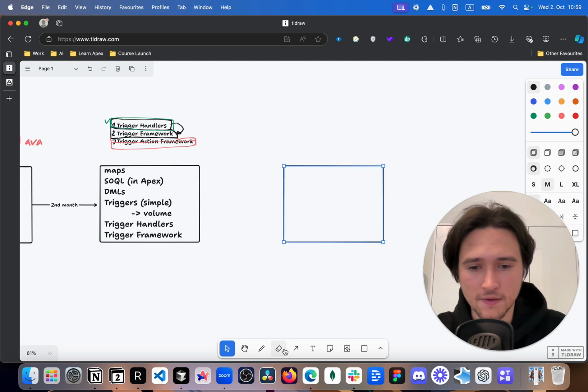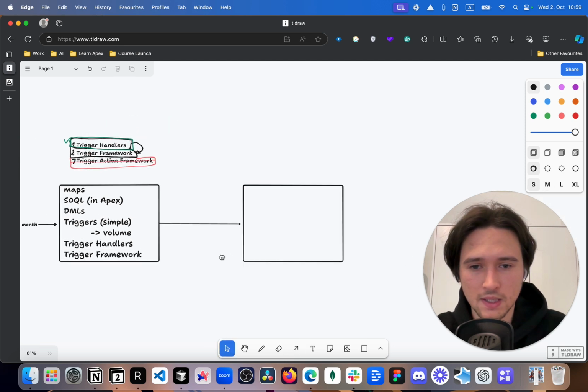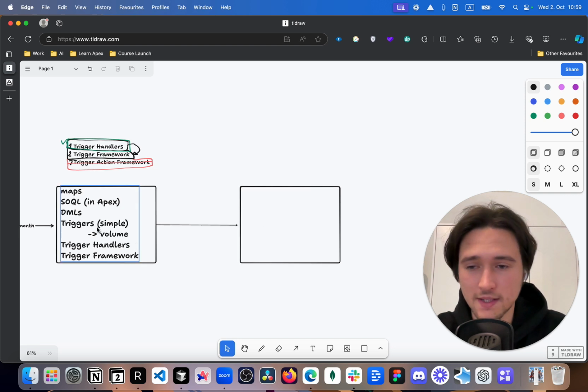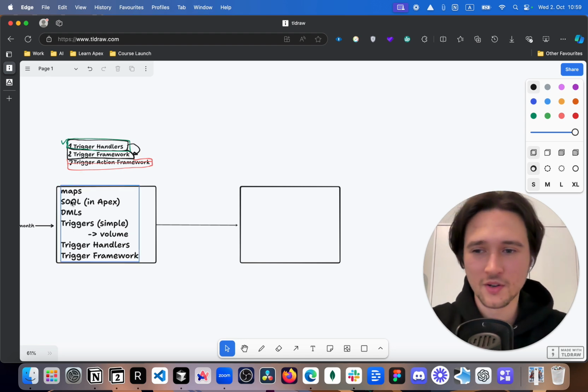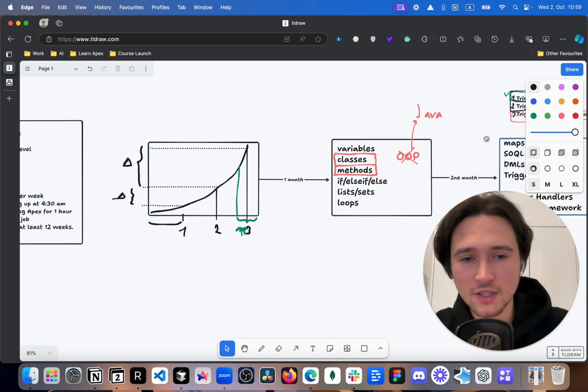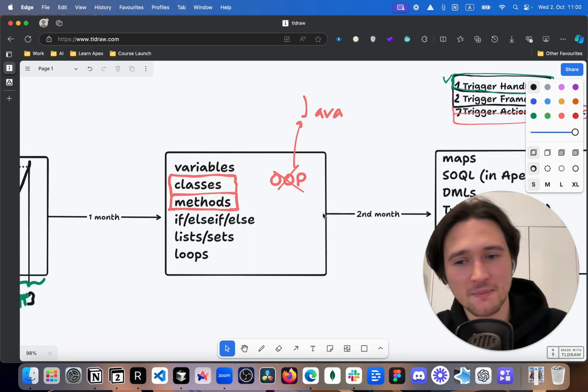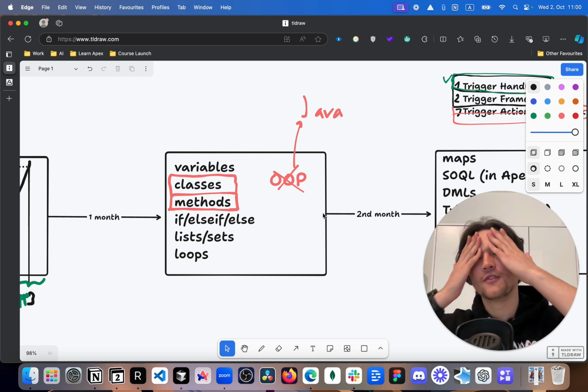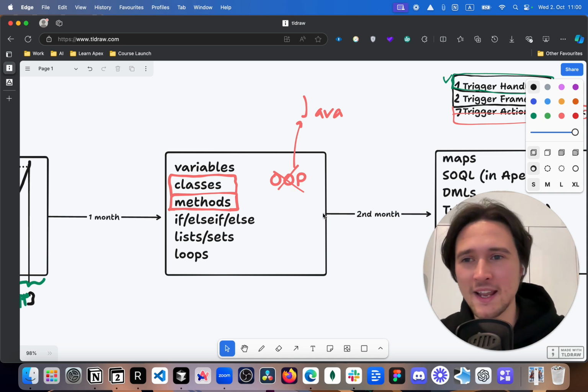And the third month. At this point, you can already use your knowledge on the job, right? So it looked like here when we were studying in the first month, it was like, I'm studying for so long and I cannot apply anything.